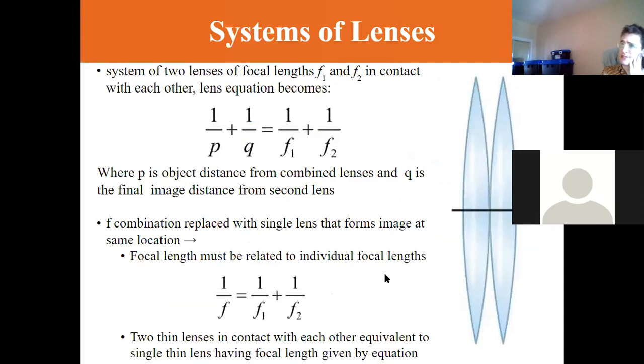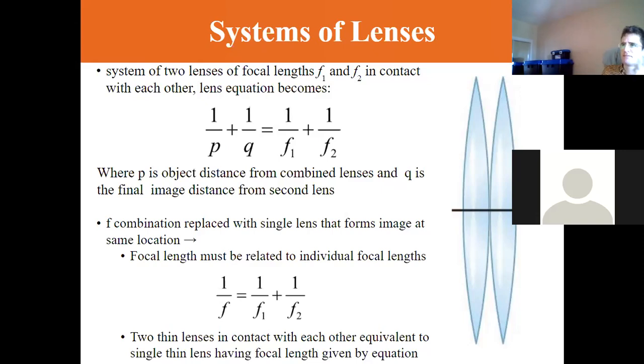If you have 2 lenses stuck together, the lens formula is a bit complicated, but it can be simplified to just the sum of the inverse focal lengths. And this is actually the same as having a single lens that has a focal length which is the sum of the reciprocals of the individual ones.